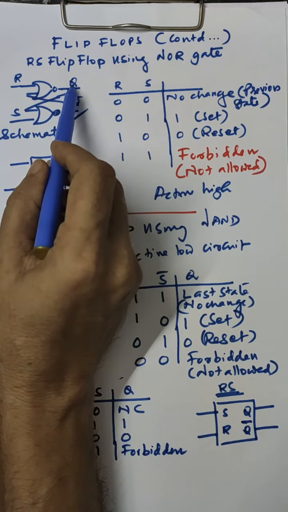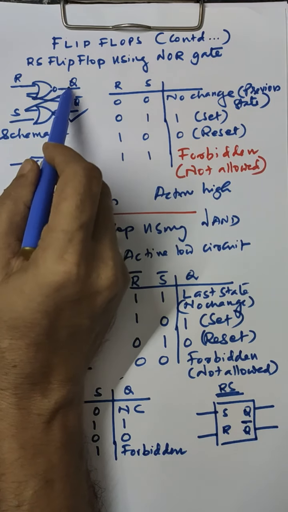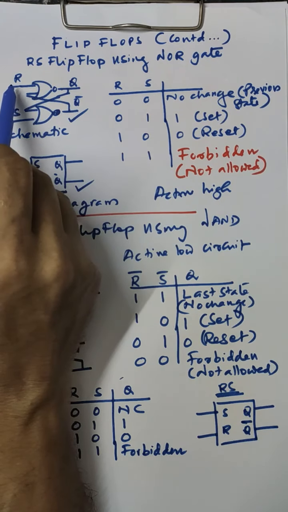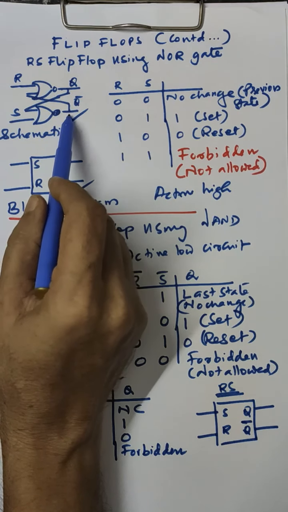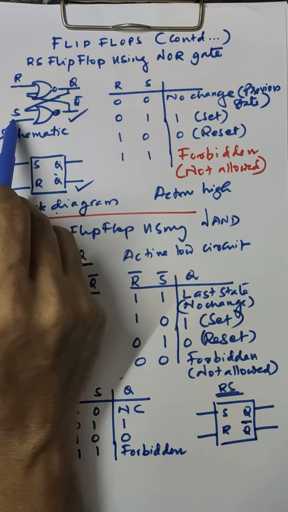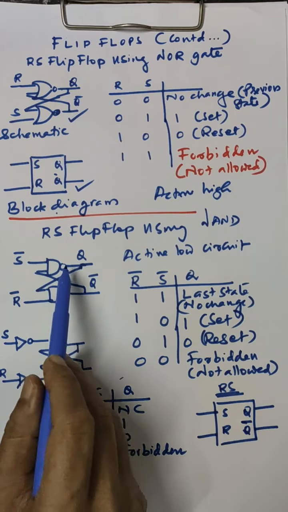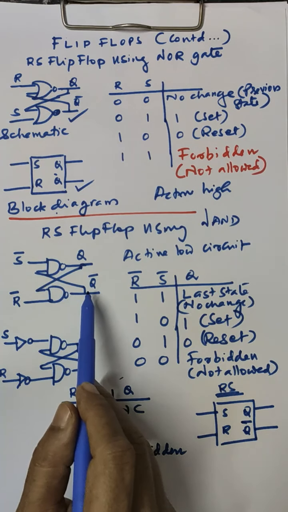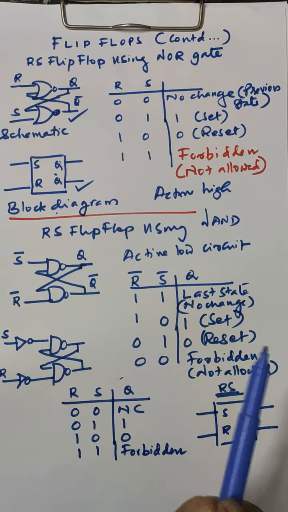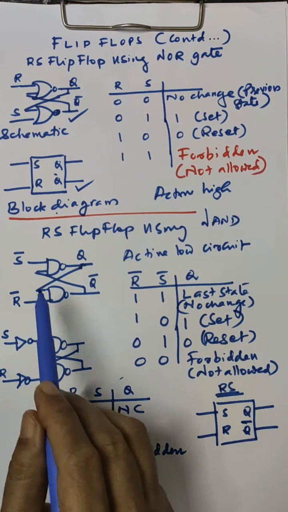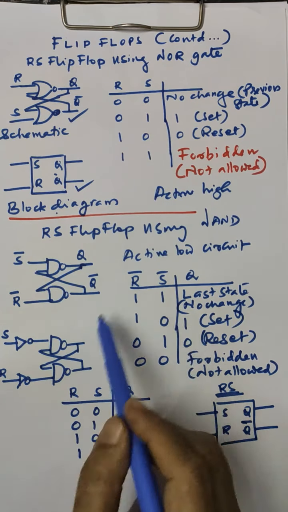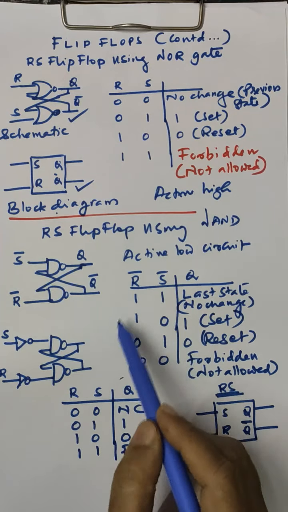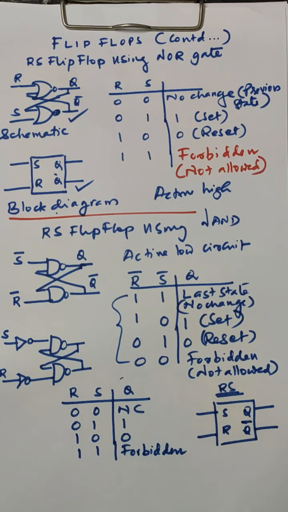The input corresponding to the flip-flop output Q is R in this case, and corresponding to Q bar, the input is S. While in this case, the input corresponding to Q is S and Q bar is R. Why is this like this? You can understand when you analyze the working of the flip-flop using the techniques that we have already discussed.